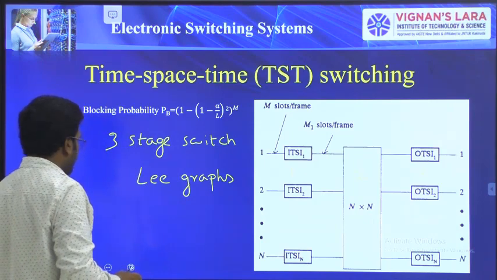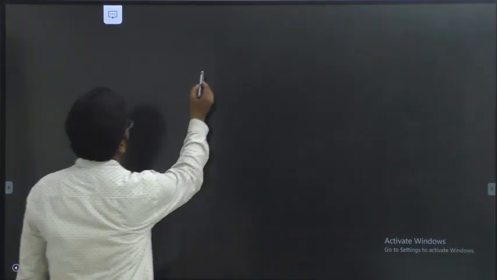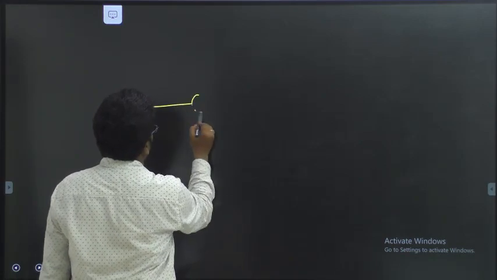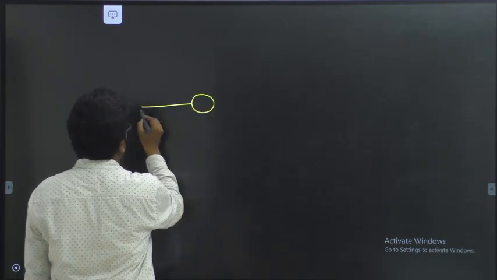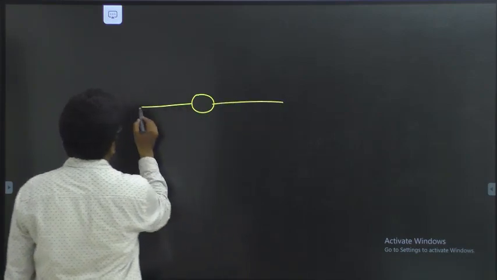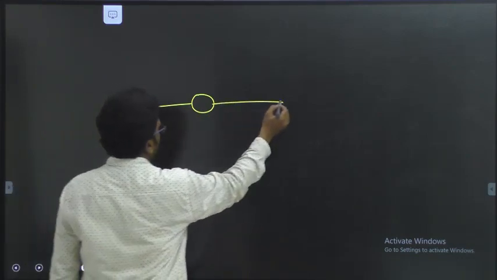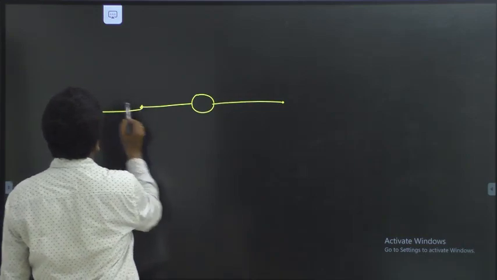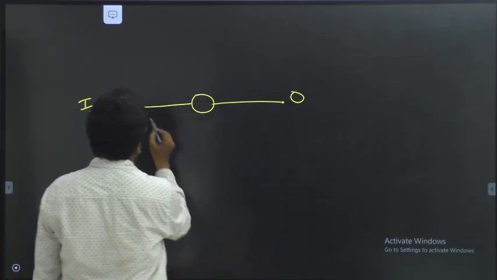In case of Lee graphs, we divide like this. This is a node, this is another node, we have an inlet and an outlet.